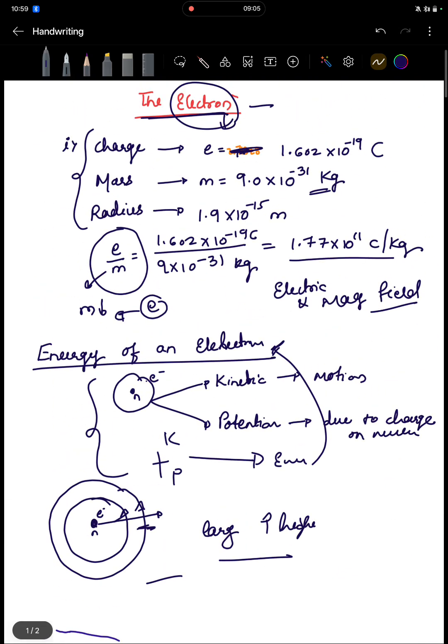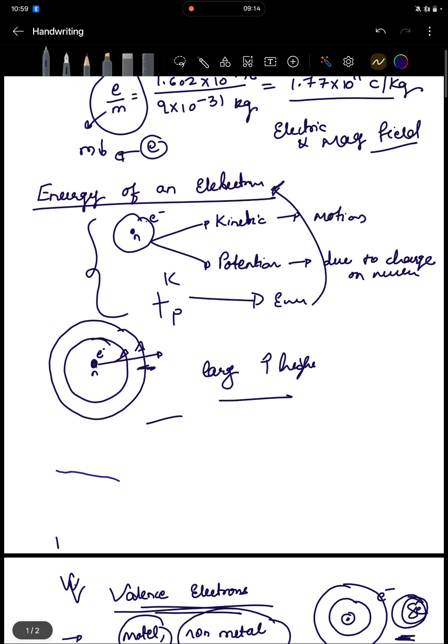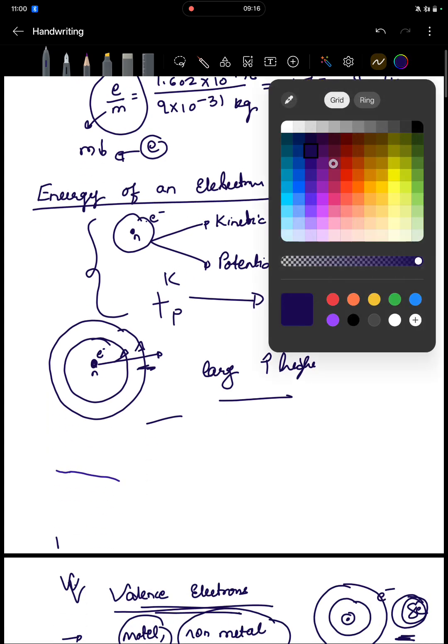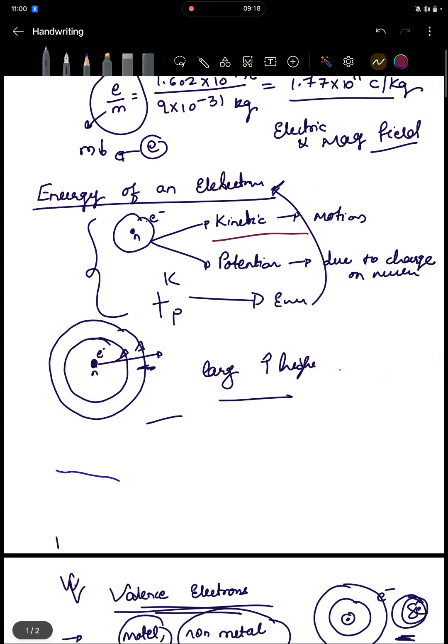So in today's class, we have discussed the charge, mass and radius of the electron, and the energy of an electron, which has kinetic energy and potential energy. Kinetic energy is due to the motion of the electron, and potential energy is due to the nucleus charge.